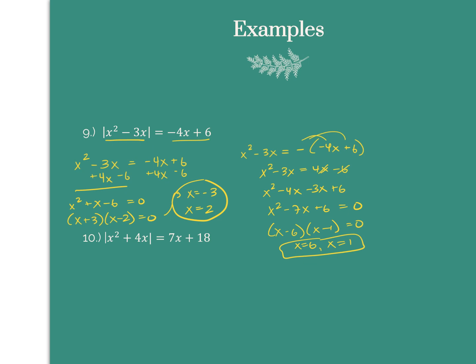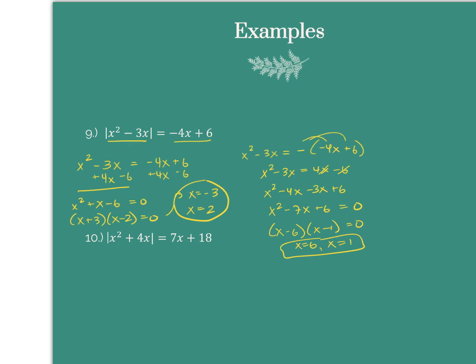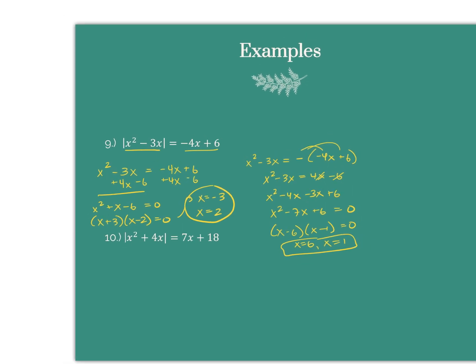Now, I'm not going to check them all online. I'm going to do one, and then I'll do the rest off camera because I don't want to take all the time on checking. You need to check all of your solutions every time. I'm going to start with negative 2, which I think doesn't work. Actually, I'm going to try positive 2 rather.